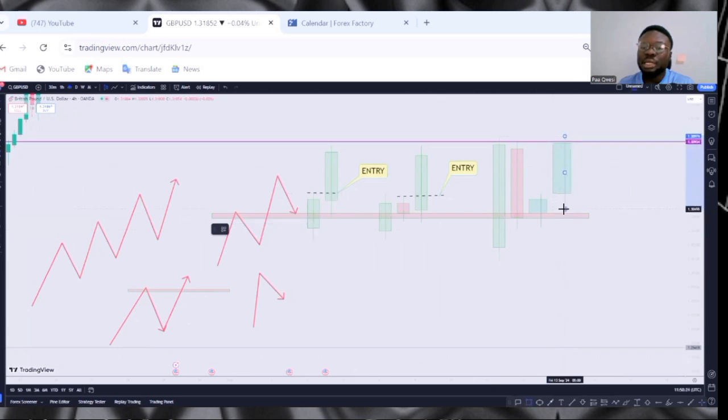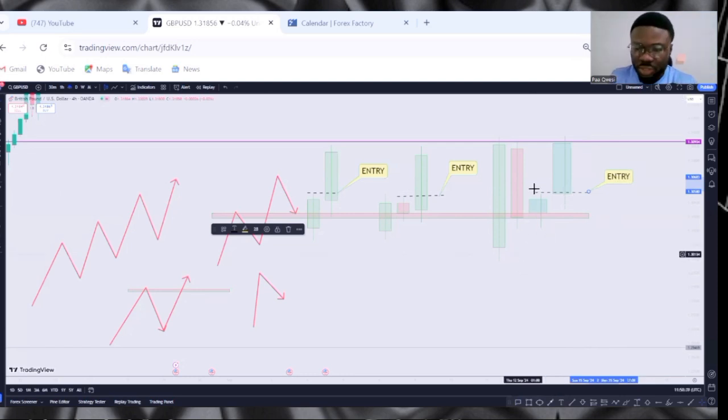So this is the point I'm going to enter the market. When it breaks the previous candle tip, I will take a buy. So I will take a buy over here. You get it? I'm going to take a buy over here.